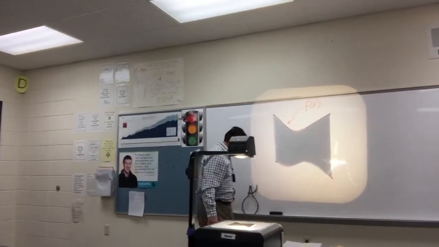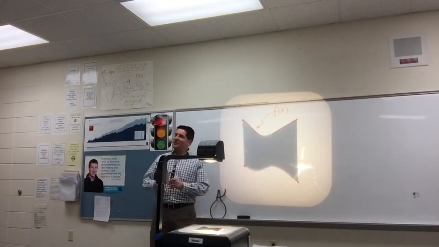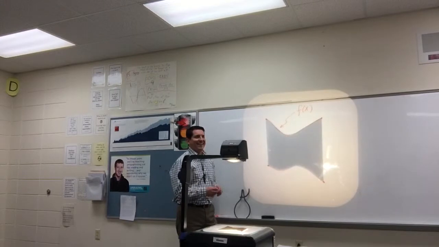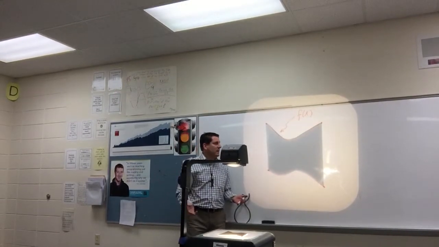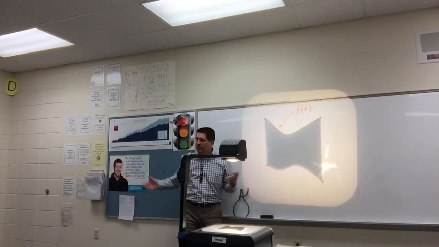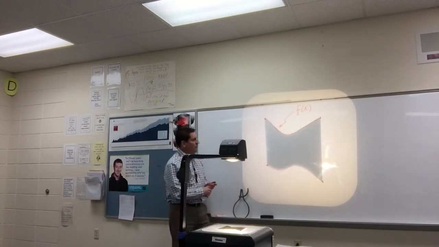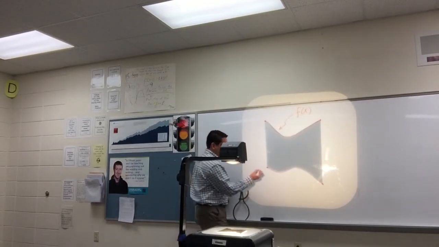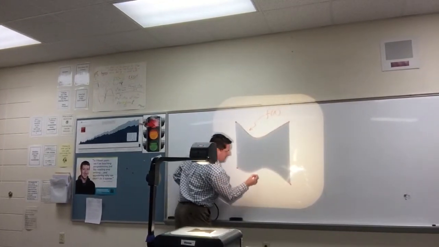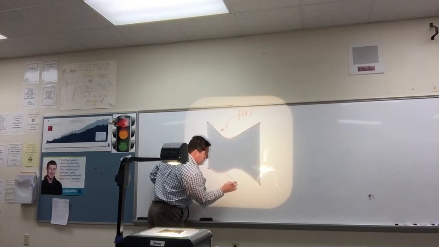All right, so what I'm going to do today is approach the same problem of the area between two curves, but I'm just going to show you a different way to look at it. So what I've done here is I've got an area, and I'm labeling this with two different functions.